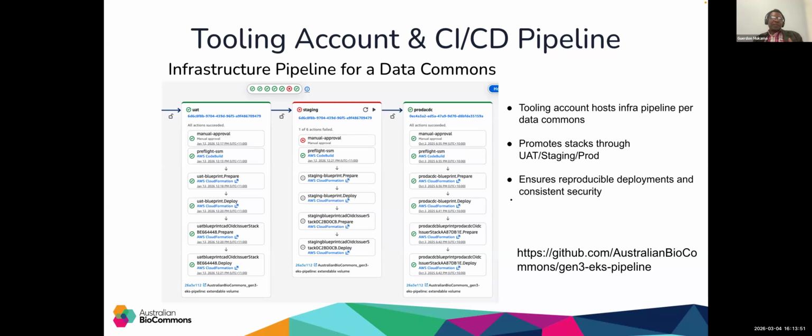So we check things like SSM and make sure the configuration is there before actually starting the deployment. Then there are manual approval gates, and then the CDK continues to deploy through CloudFormation. This pipeline itself lives in the tooling account and uses cross-account roles to deploy infrastructure into target environment accounts. So basically, this means infrastructure changes are promoted in the same way we would promote software releases.